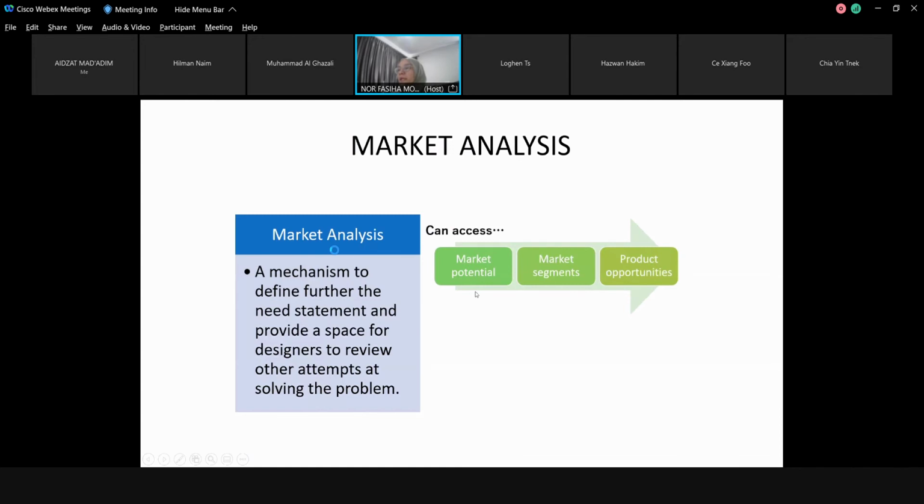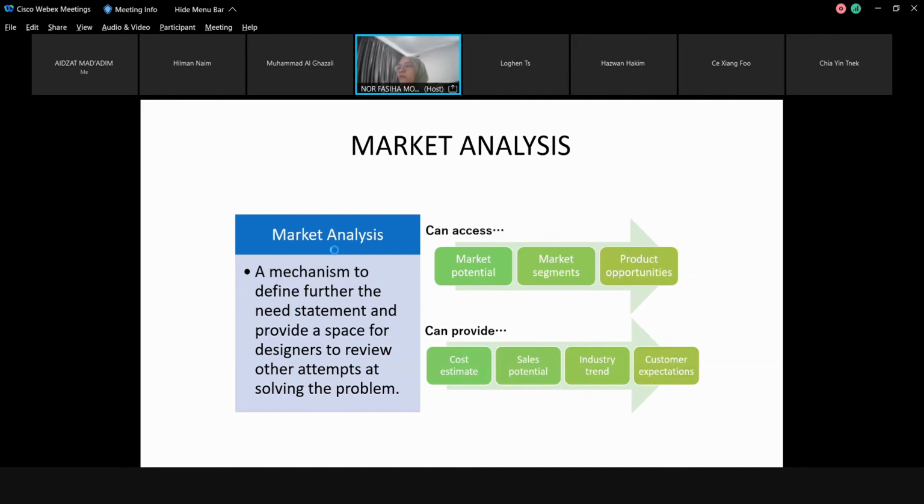By doing market analysis, we know market potential, market segments, and product opportunities. This is very important. Are there any business opportunities for us to develop the product?